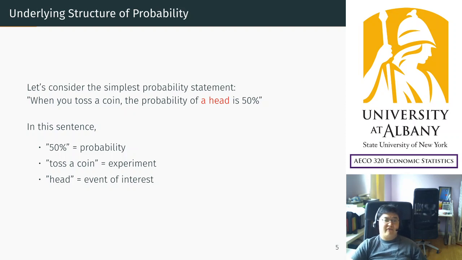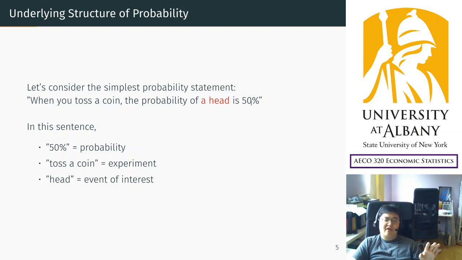If you have a more complicated experiment, the probability and the event could be more complicated. But in this simple case, you still have to mention what you are referring to, what you are attaching the probability to.